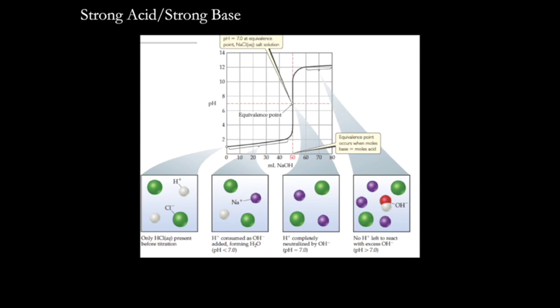As I move along to the right on the x-axis, I'm adding NaOH, so as expected, the concentration of my hydrochloric acid is going to decrease, which means my pH is going to increase. So I have more and more NaOH, which means I have less and less HCl.